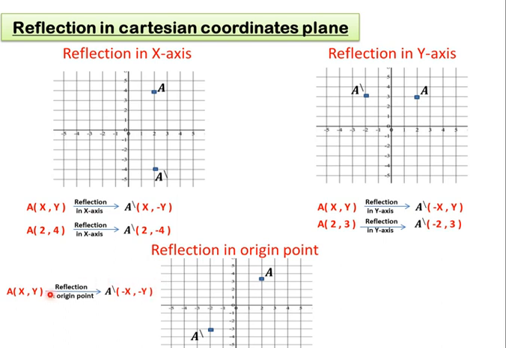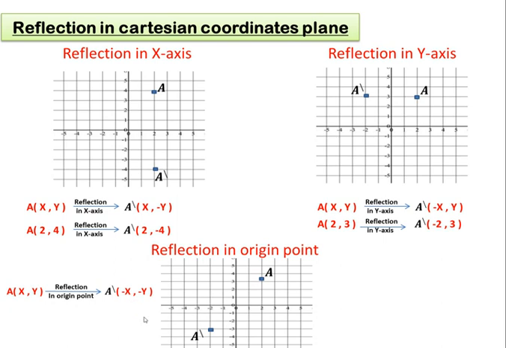We have a rule to get the image. We have the point (x, y) and the reflection in the origin point. We make the origin point a mirror, then we get A dash (-x, -y). If we look here, the point A, x is positive and y is positive, but the image in x is negative and y is negative, then the change is at x and y.